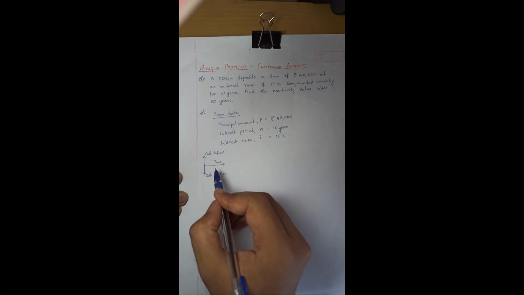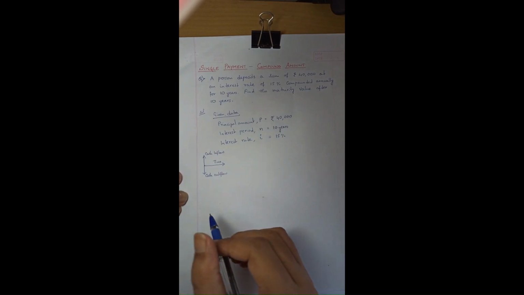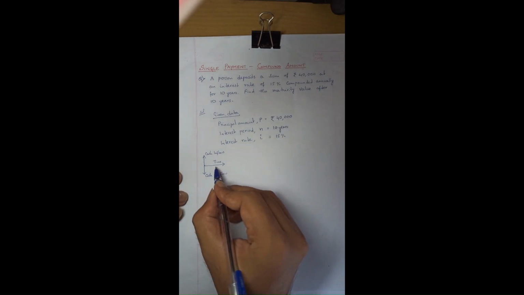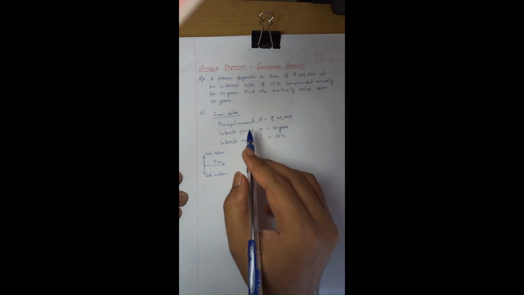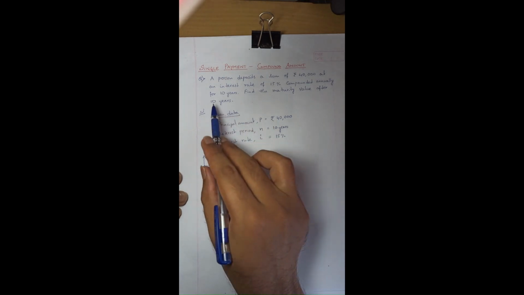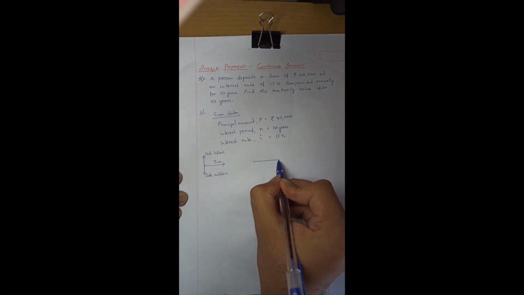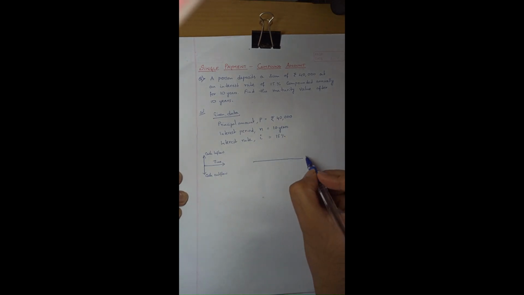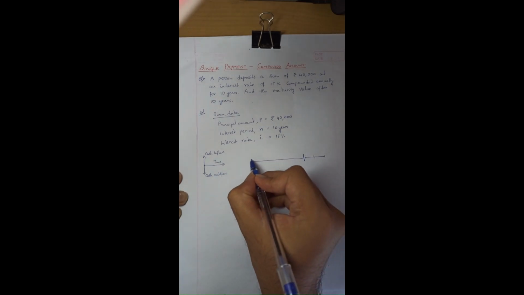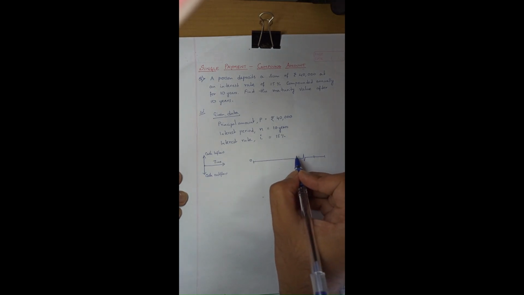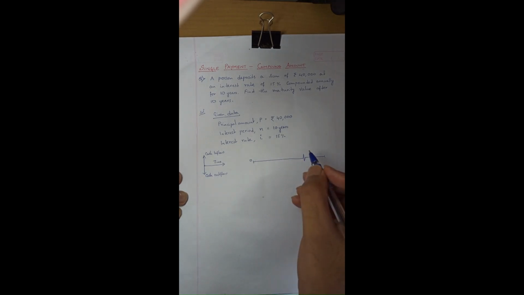So now we'll draw the cash flow diagram for this particular question. First I will draw the timeline. The timeline consists of totally 10 years. Always your cash flow starts with time t equal to 0, that is when you're going to make some investment.